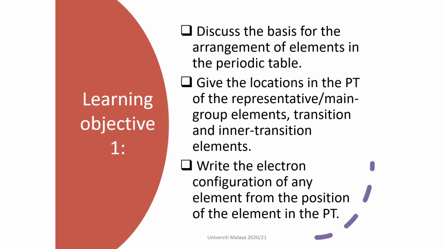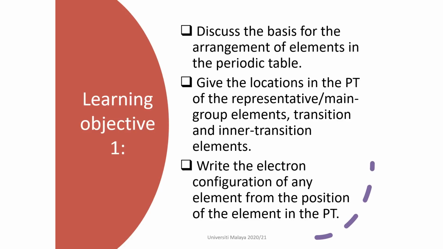For the first part of our lecture, our learning objective number one is to discuss the basics for the arrangement of elements in the periodic table. How is the periodic table actually arranged? How are the elements arranged in the periodic table?